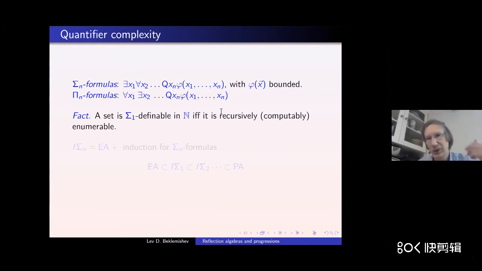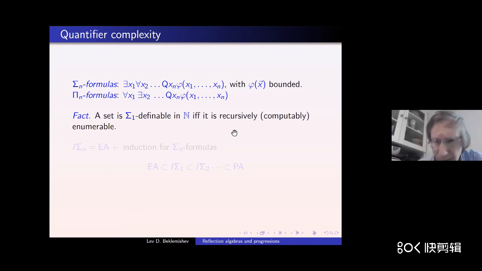They are equivalent to Turing machines in the context of arithmetic. Therefore, it's no surprise that the notions of sigma 1 and pi 1 and of course related classes sigma n and pi n play a very big role in the study of Peano arithmetic.